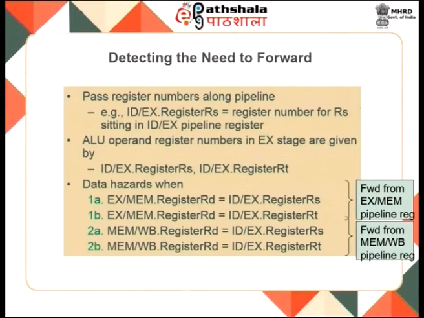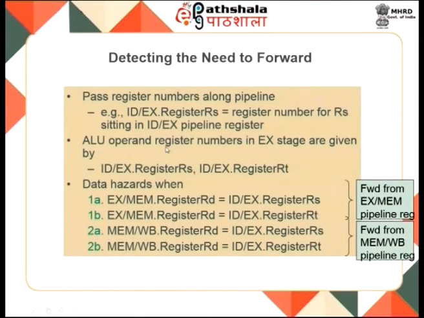If they match, you know there is a data dependence. IDEX.RS is one of the source registers, and IDEX.RT is the other source operand. This is the second instruction, which is sitting in your IDEX buffer.